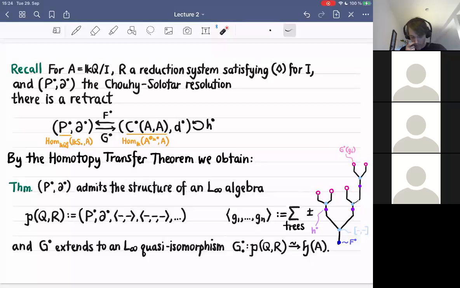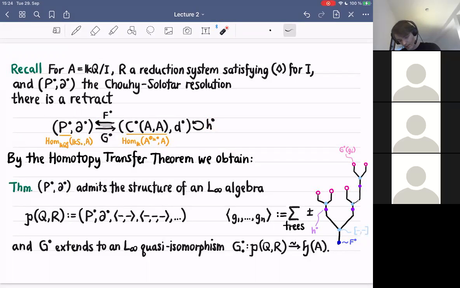And then it has an infinite number of higher brackets. And these brackets can be defined using the comparison maps between these two cochain complexes and also the homotopy H.